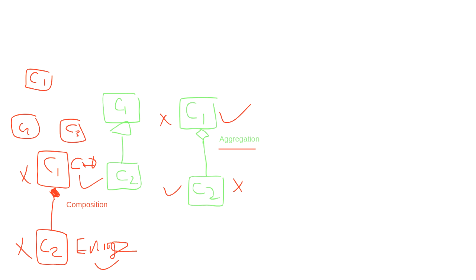So I can write it like this. This is called generalization. Generalization and specialization are things of inheritance only. So we have seen different types of relationships: generalization, inheritance, aggregation, and composition also.